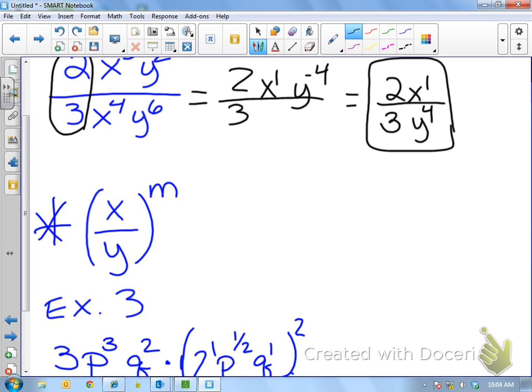We still distribute, just we distribute to the top and to the bottom. If we have x to the first and y to the first, m multiplies by both. So x to the first over y to the first, we multiply m times 1, be x to the m, times 1 again, and make it y to the m.